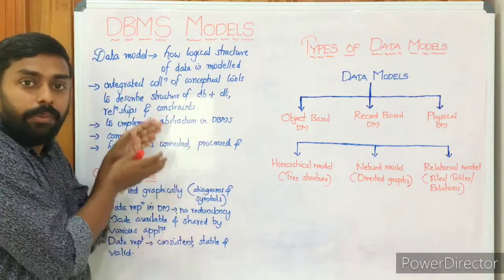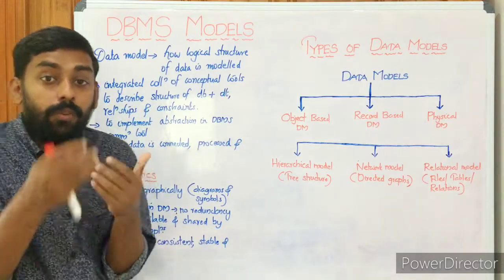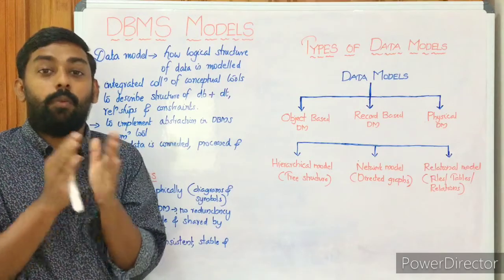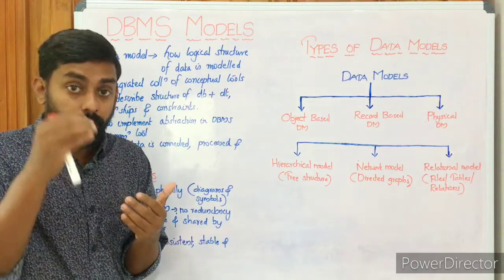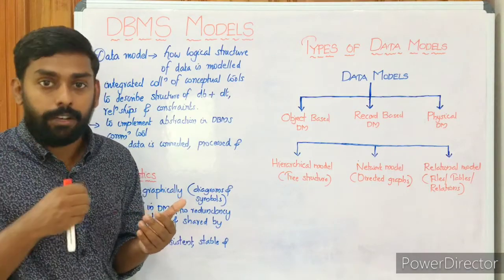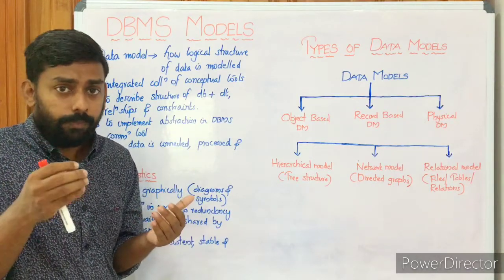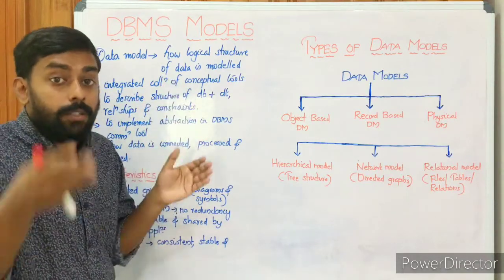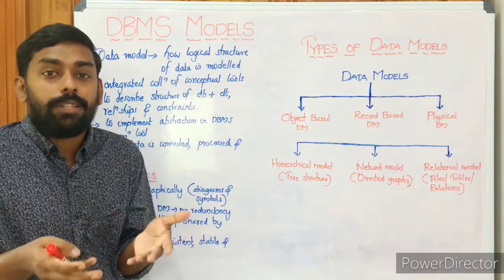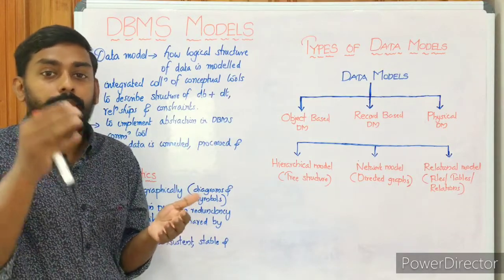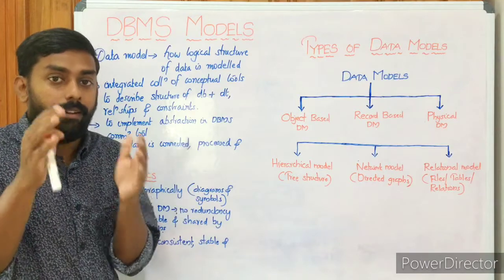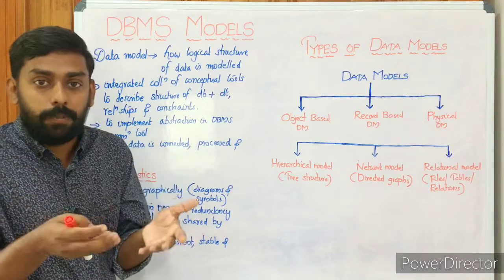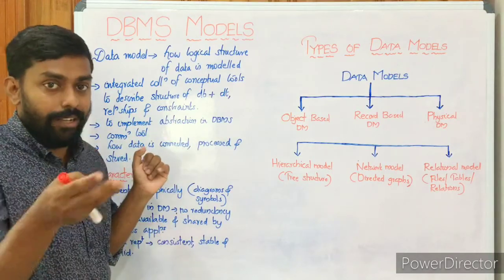So these are the different statements using which we can define the term data model. Simply, a data model defines how the logical structure of data is modeled, and it's an integrated collection of various conceptual tools that describe how data is stored, with different aspects like data types, relationships as well as constraints.